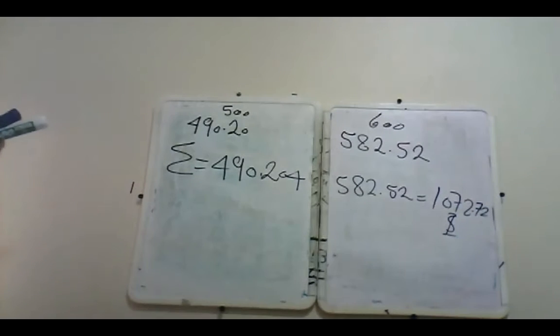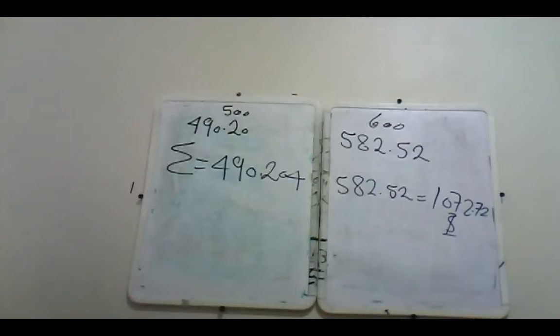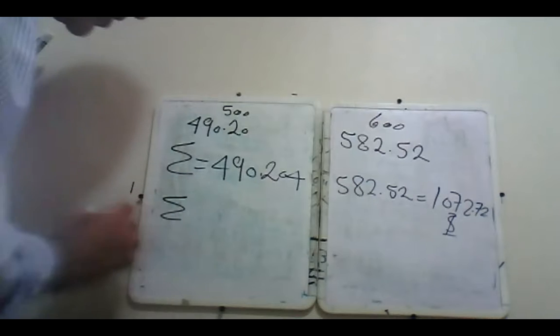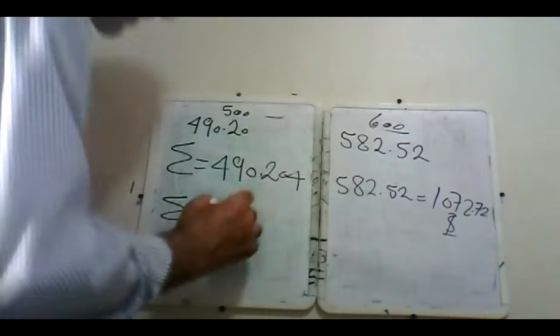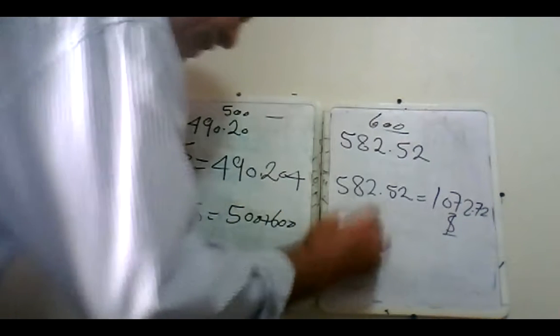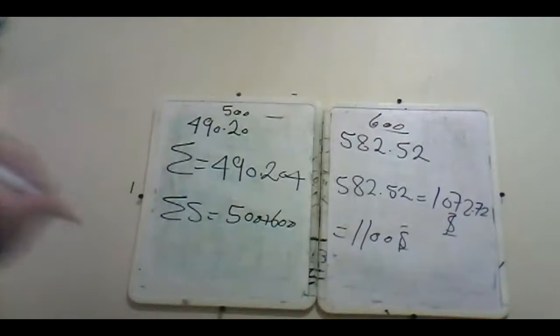Okay, the whole amount, the real amount, was $1,100. So the summation of the nominal of the future is 500 and 600. That equals $1,100. So the discount will be how much?